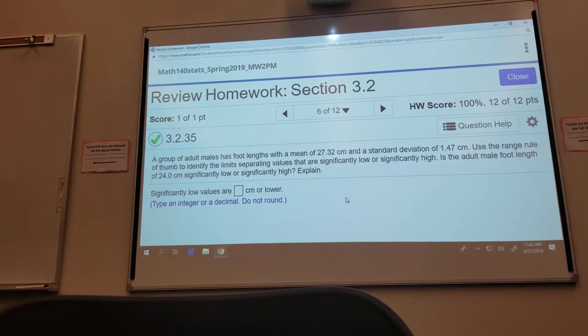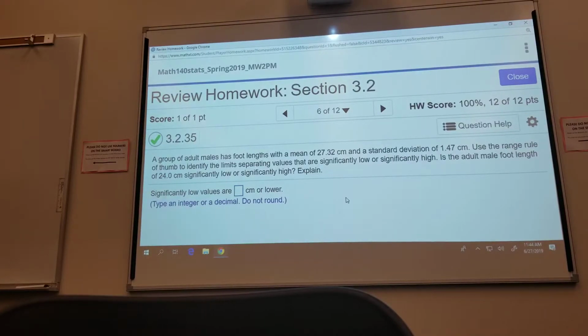Okay. So in this problem, the mean is 27.32, so that's what m equals. And then our standard deviation is 1.47.